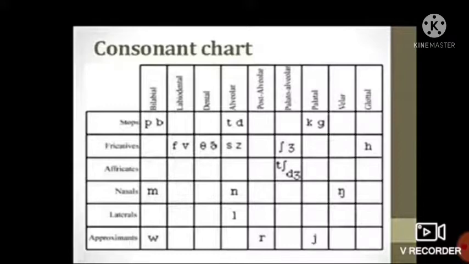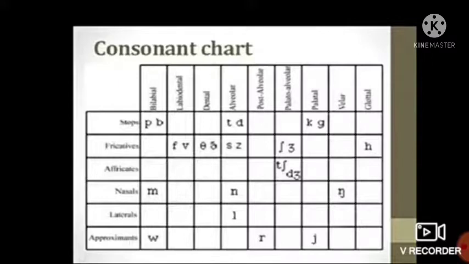When we discuss the 24 consonants with classification of English consonants, it is in the following manner: p is a voiceless bilabial plosive, b is a voiced bilabial plosive, t is a voiceless alveolar plosive, d is a voiced alveolar plosive, k is a voiceless velar plosive, g is a voiced velar plosive.